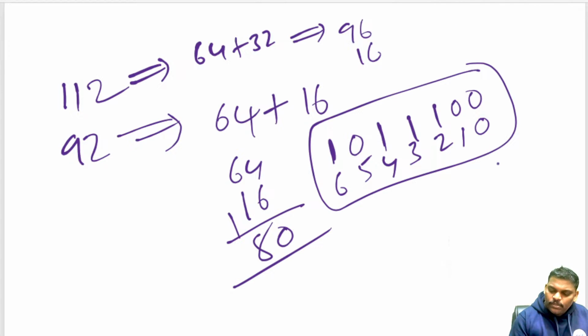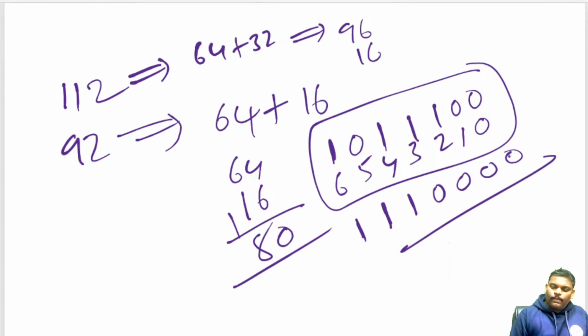So let me see this one. Bits 64, 32, 16 are ones, followed by zeros. Right? 111, four zeros.